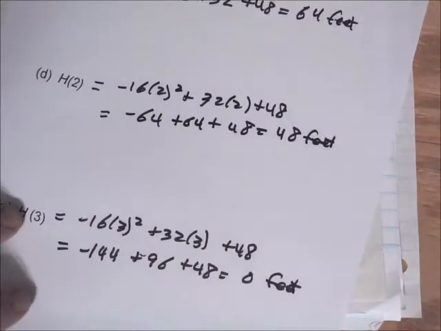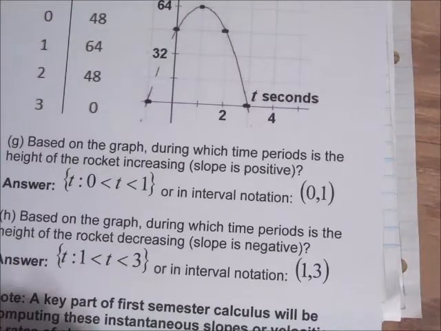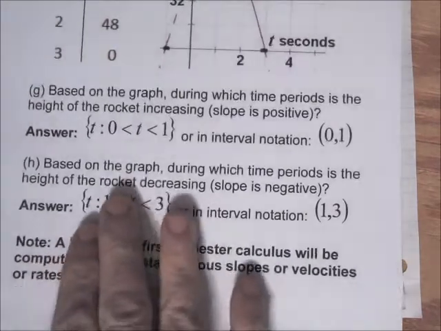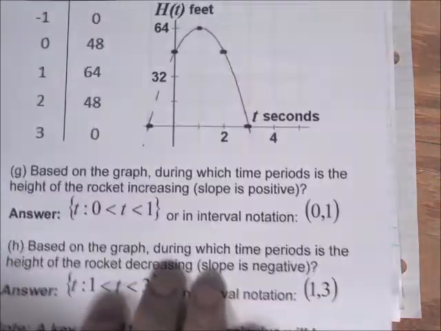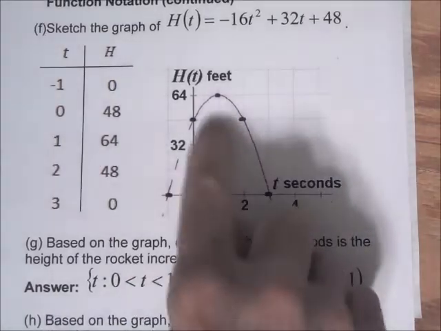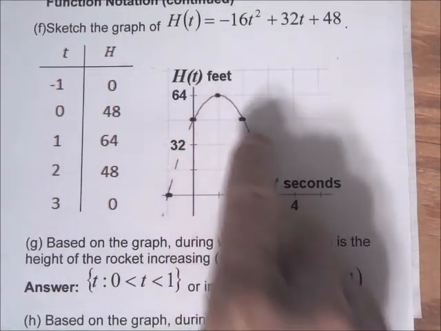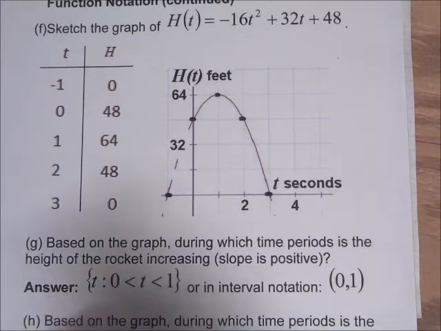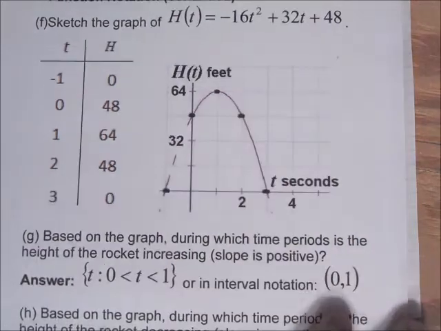We can actually plot those points. So these are the points that we computed; if we plot them on the graph and connect the dots, we get a graph of the rocket. It's a parabola, which you could probably recognize from the equation.